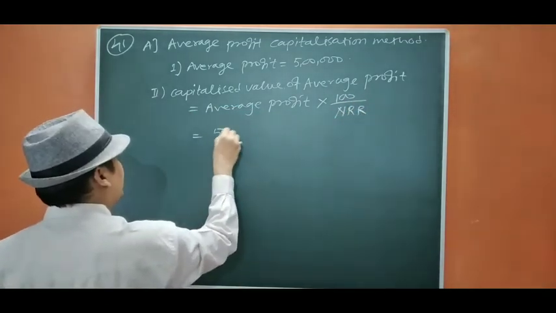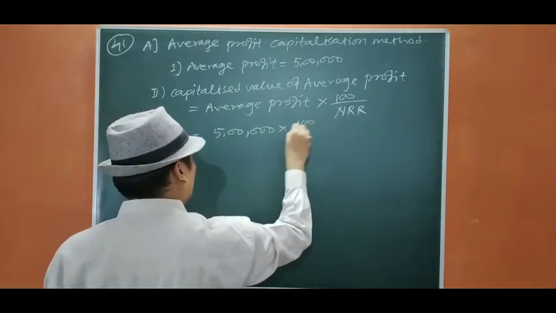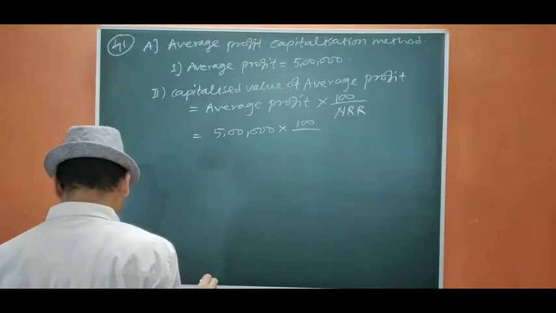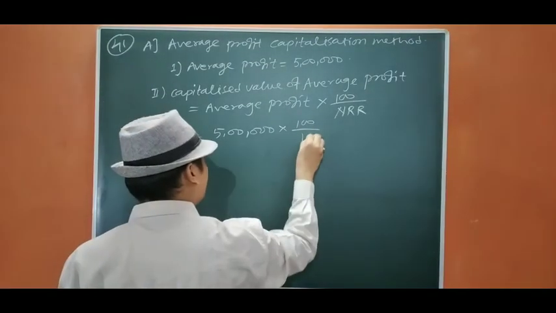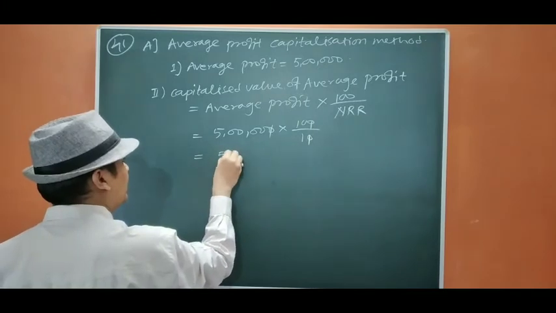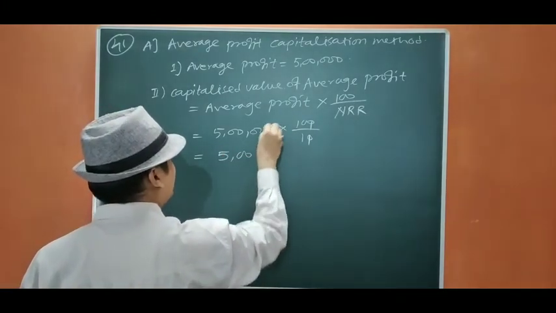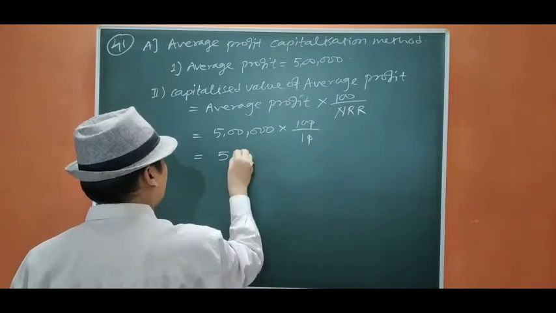This will be 5 lakh into 100 upon normal rate of return, which is given 10%. So that will be 50 lakh.